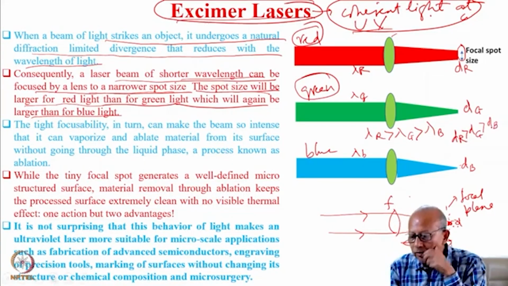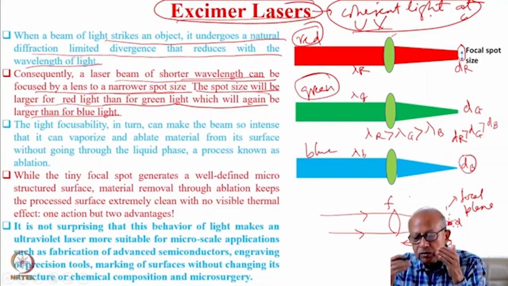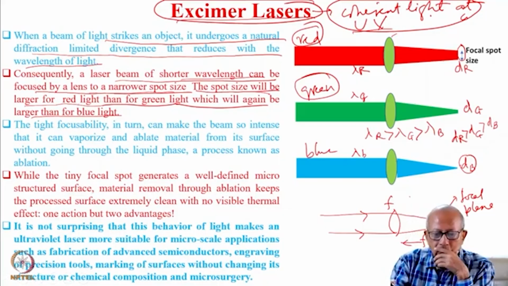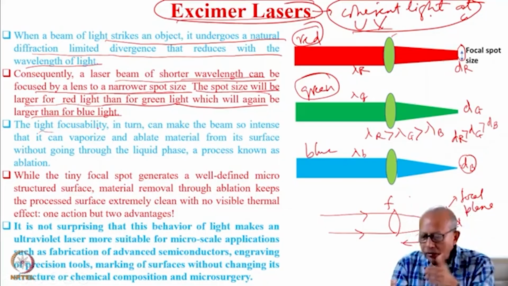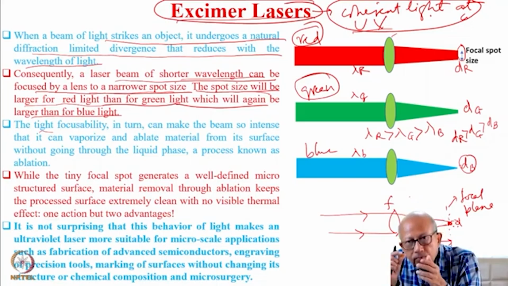As the wavelength reduces, the focal spot diameter also reduces, because the diffraction is going to reduce with wavelength. Therefore, shorter is the wavelength, tighter will be the focusing. Focal spot diameter will be smaller.